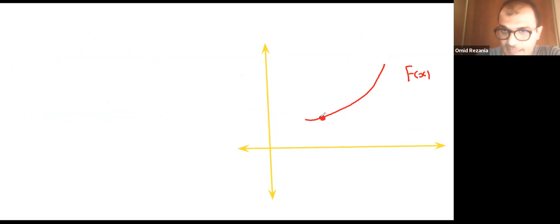We pick up this point, which is going to be point A, and I drop it there. Very easily, I can see that it's going to be xa, and also that this one is going to be the value of f of xa.